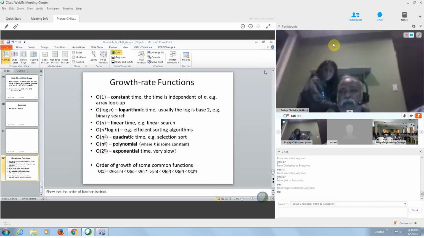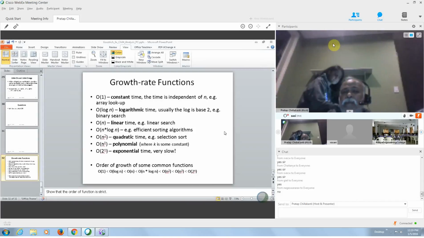Growth rate functions. These are the functions that we talk about in algorithms. But here, to conclude this chapter, I gave you examples of what order of one example is in data structures and algorithms.